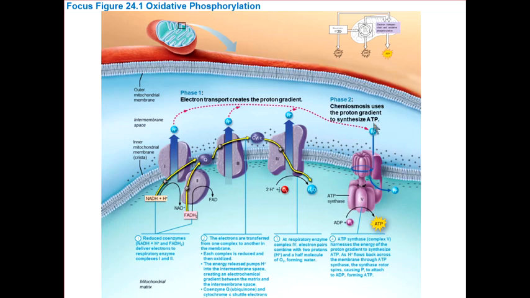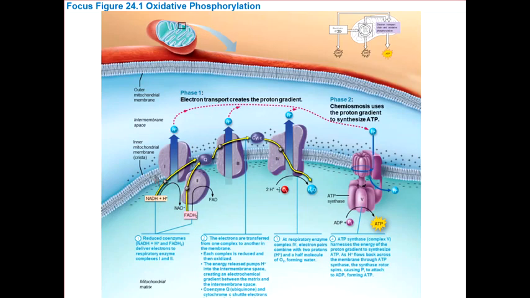Hydrogen ions diffuse back into the mitochondrial matrix, and that spins this rotor right here, which is an enzyme. That mechanical action puts the phosphate onto the ADP, producing ATP. This is called oxidative phosphorylation. It's this ATP synthase that causes the phosphorylation of ADP to ATP.